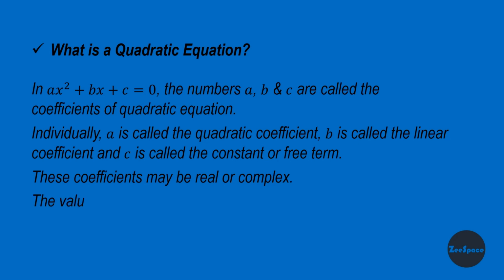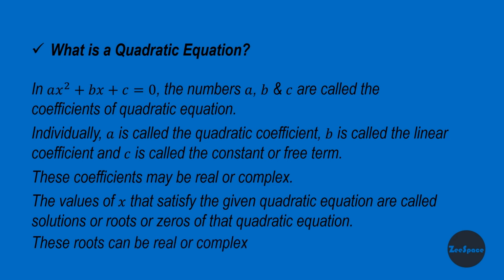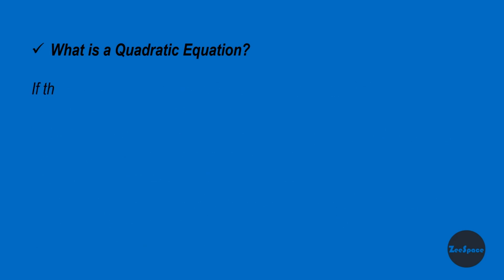These coefficients may be real or complex. The values of x that satisfy the given quadratic equation are called solutions or roots or zeros of that quadratic equation. These roots can be real or complex.